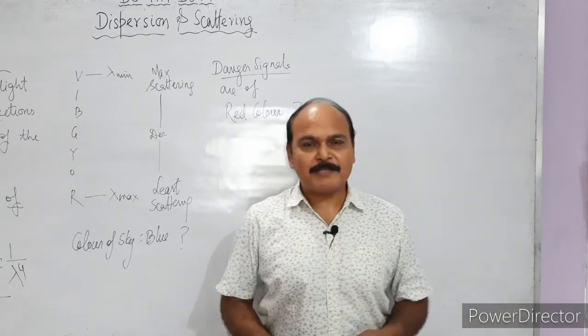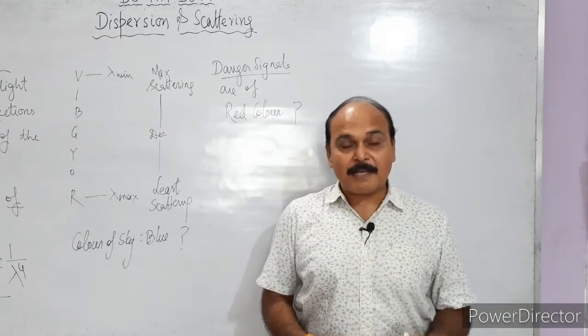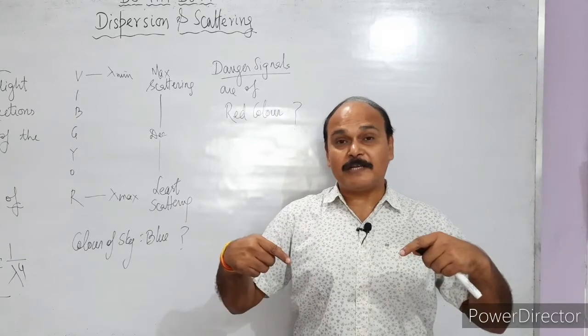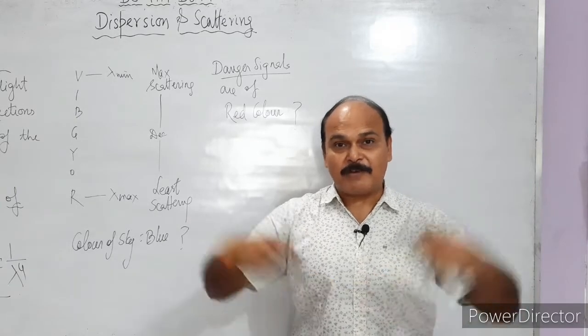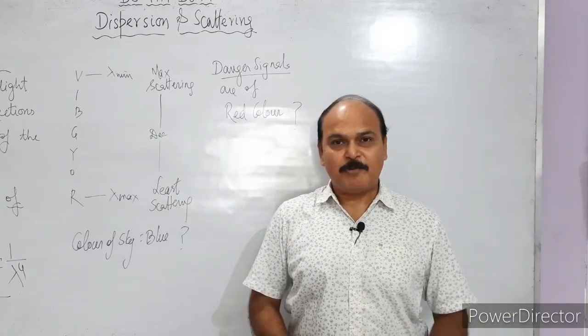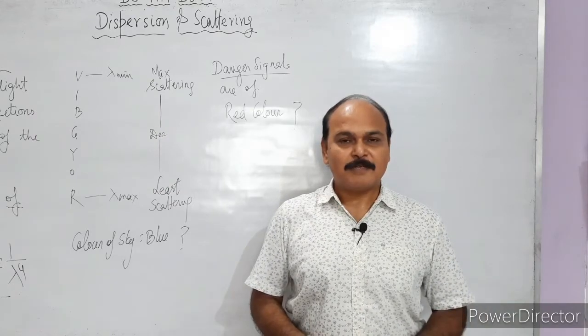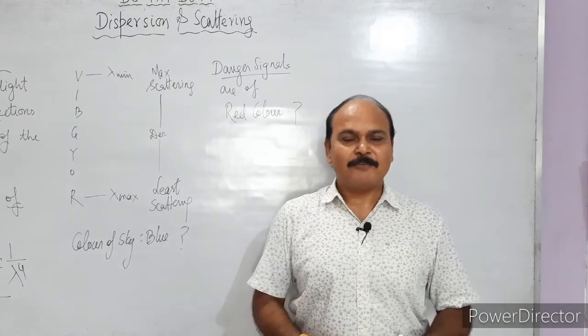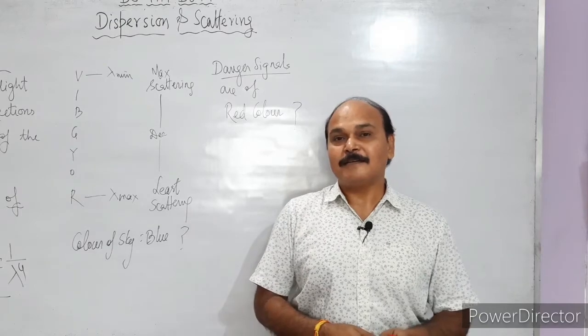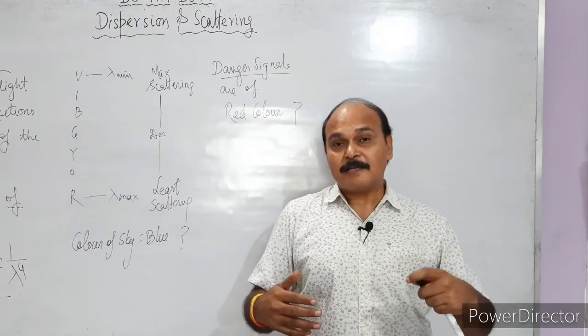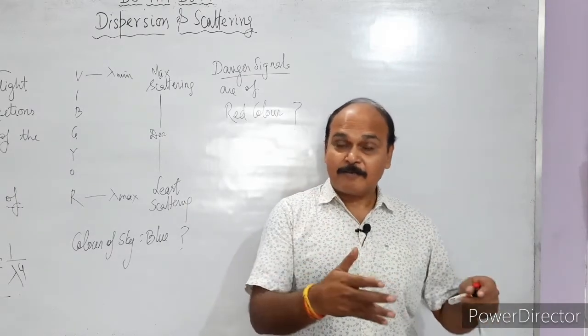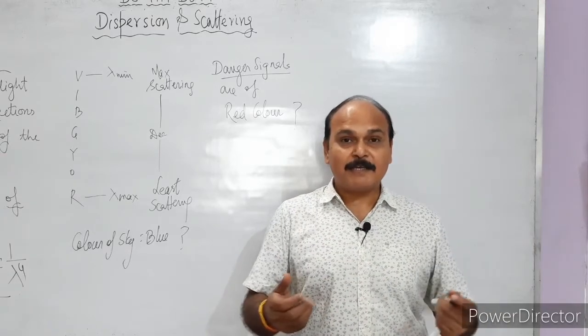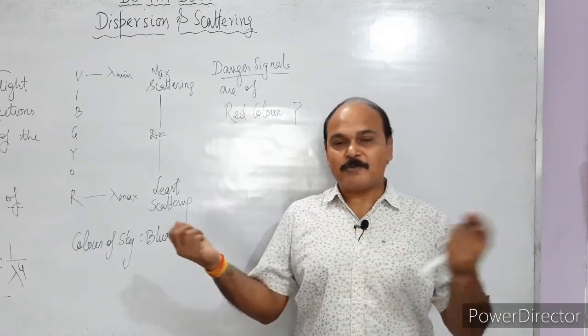A red color appears red simply because it absorbs all the colors falling upon it except the red color, which it reflects. Blue color appears blue, green color appears green. Why? Because all these colors absorb all the colors and reflect the color of their own. Green color reflects only green color and absorbs all the rest.